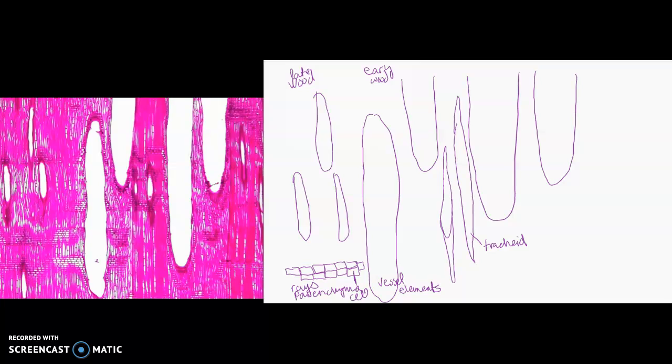And we also have fibers, so the fibers are going to be pretty much that solid fuchsia color that you see without any lumen. It's because they have such a small lumen, it often just looks like solid wall for those fibers.